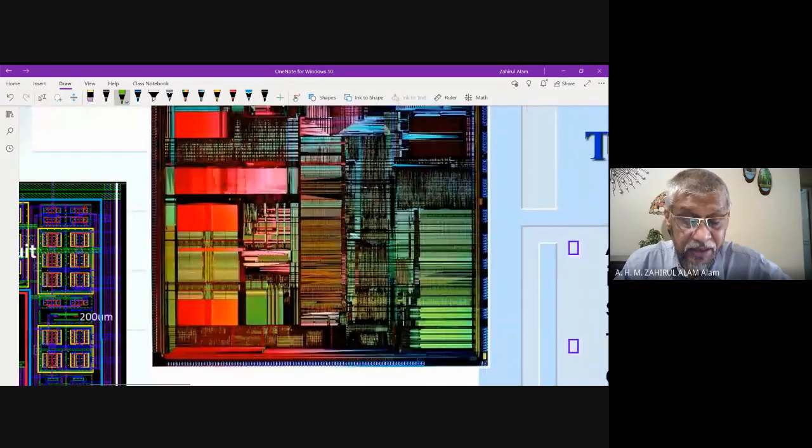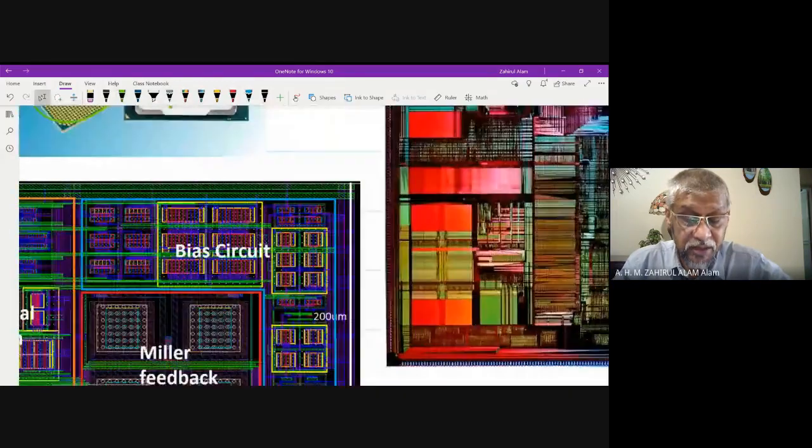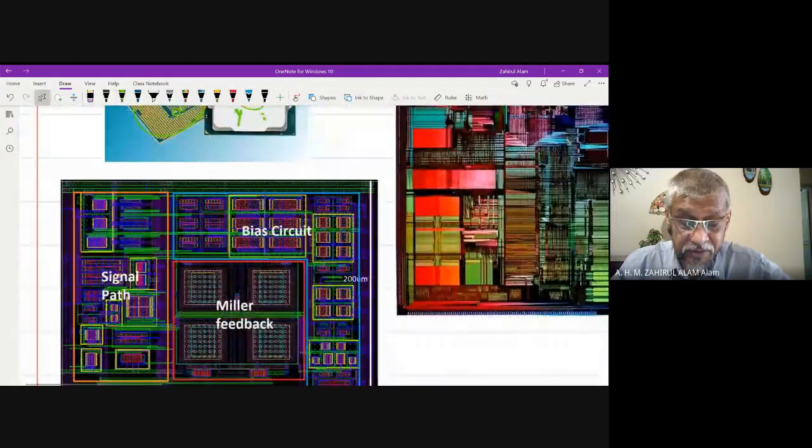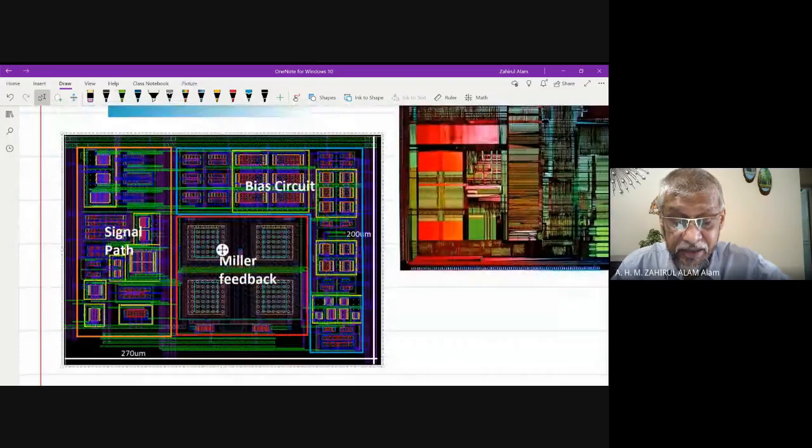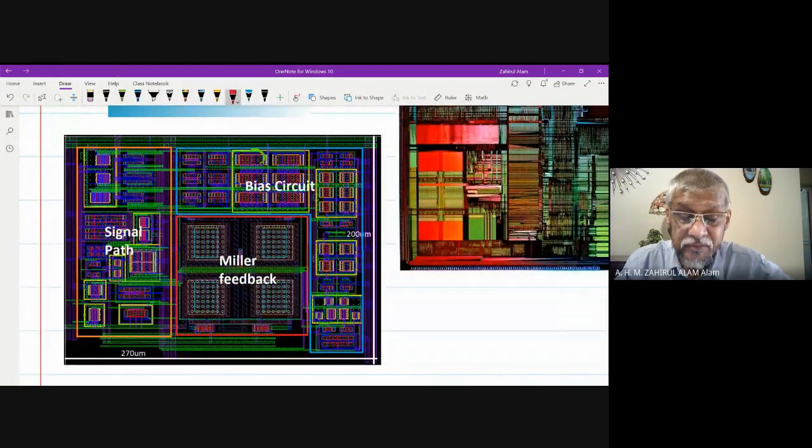So if you look at a smaller circuit layout, this is some smaller circuit. There is some biasing circuit inside. There are many transistors, and it is drawn on what we call a layout.